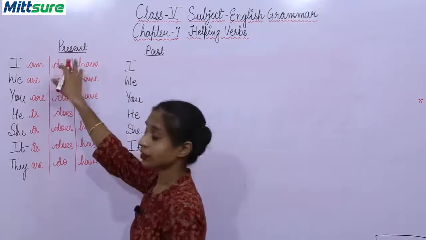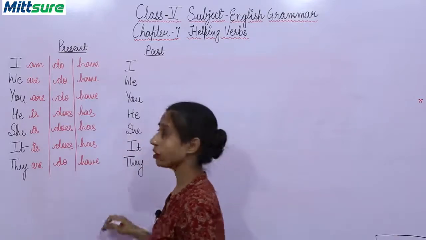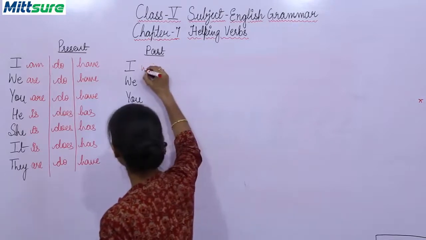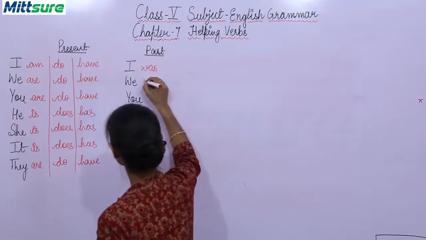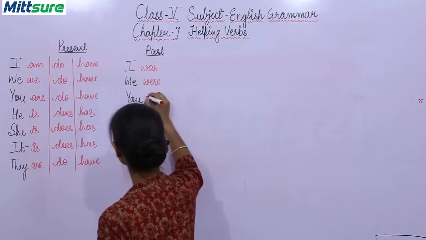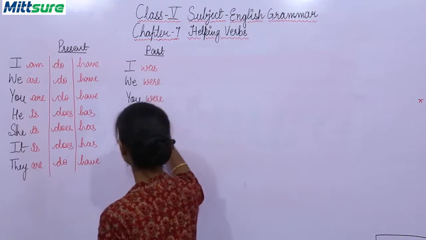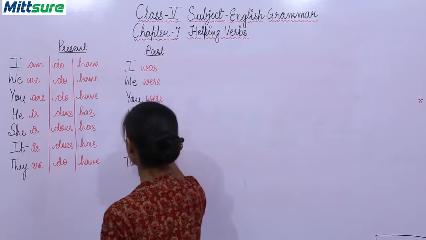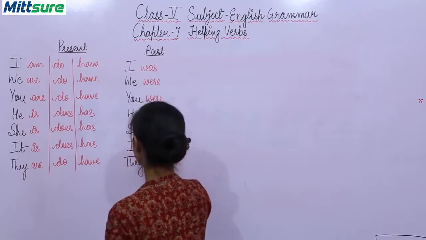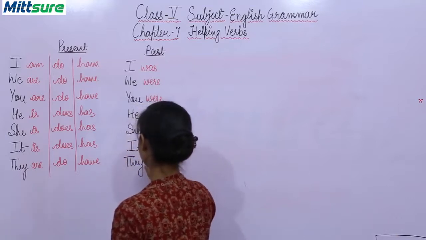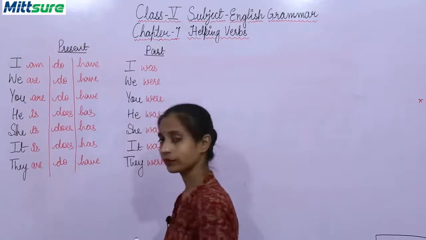For be form of verb, we used I was, we were, you were, he was, she was, it was, they were. Fine.